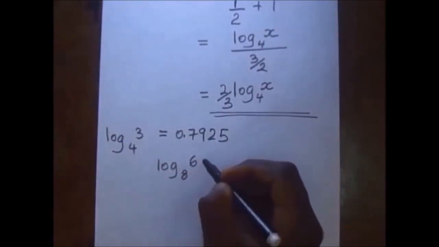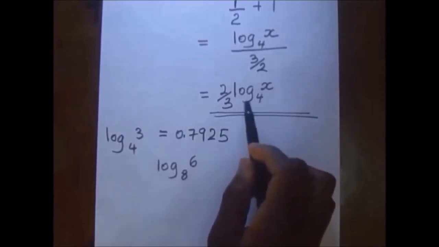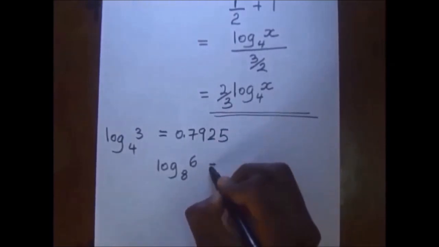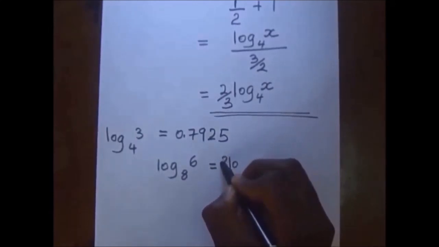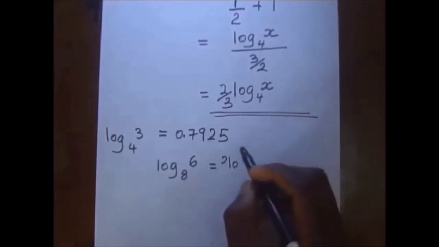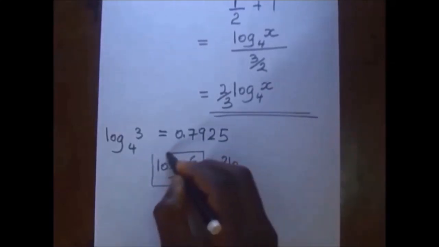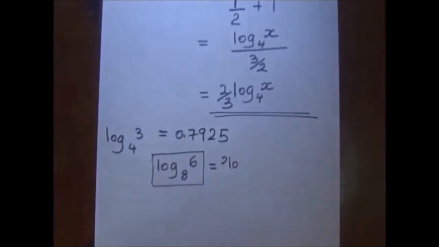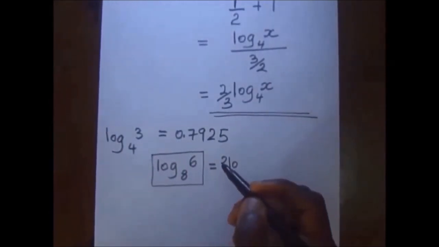Now log of 6 base 8, remember, according to our earlier proof, is simply going to be 2/3. First of all, before we get here, they want us to find log of 8 base 6, and we are supposed to find that deriving from our previous calculation.